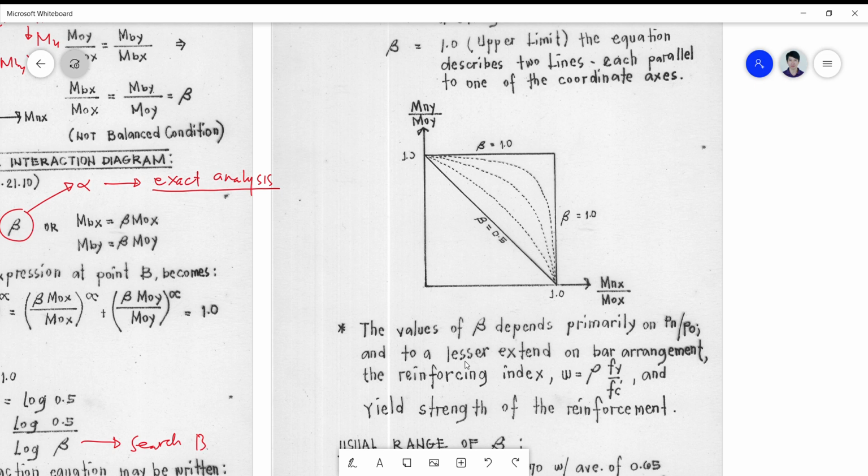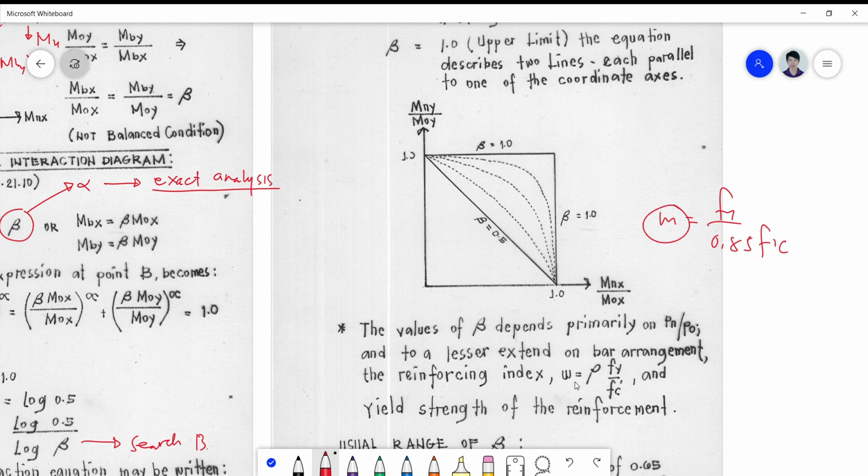Okay, so your reinforcing index omega, or rho Fy over F'c. I do not use this index. I use the index M, which is Fy over 0.85 F'c. Okay? So ito yung ginagamit kong index. But you can use any index you want for as long as there is Fy and F'c there.